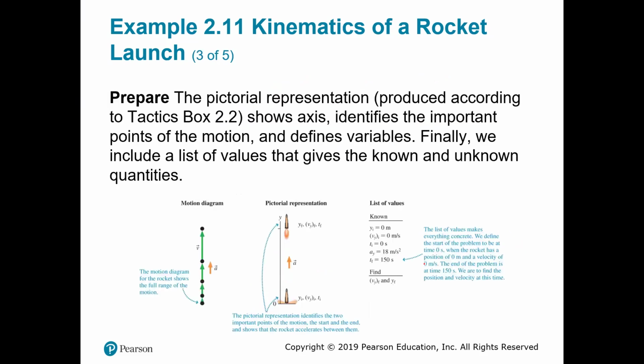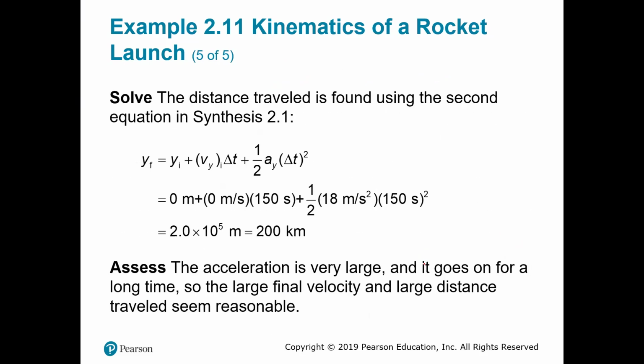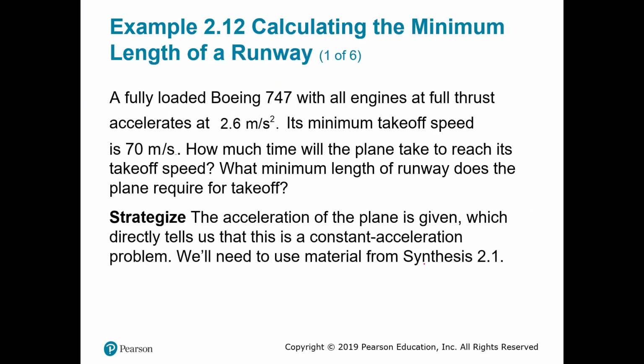You've got to practice all these examples by yourself, maybe a couple of times. And then you have a fully loaded Boeing engine with acceleration 2.6. This is your first known, and then the minimum takeoff speed is 70 meters per second. So this is your v final, and then again, the airplane starts from 0 velocity, so you can say v_0 is 0 as well.